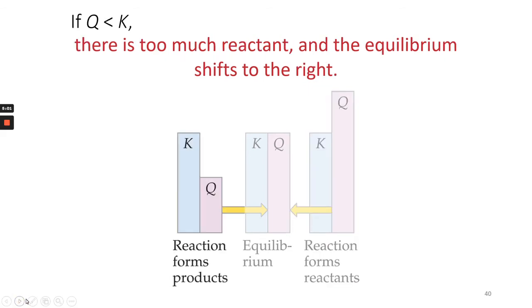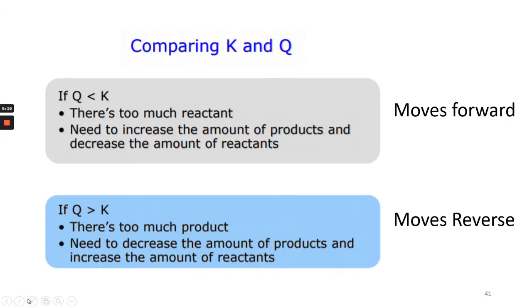If Q is too small, that means you don't have enough products or you have too much reactants. So you're going to shift to the right so that you can get your K and your Q to be equal. So here's a summary comparison of K and Q.